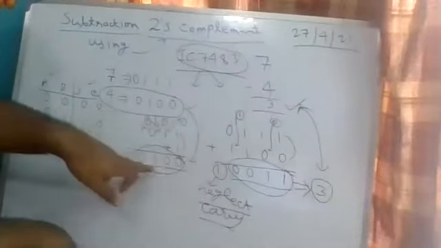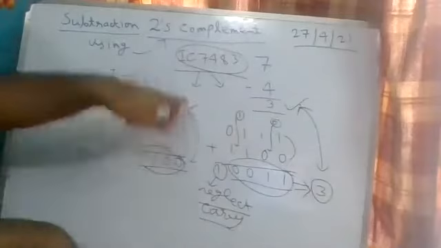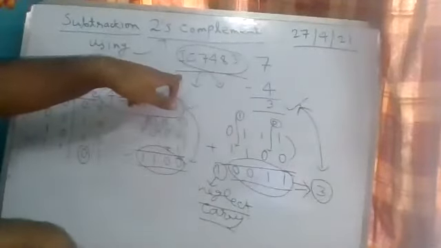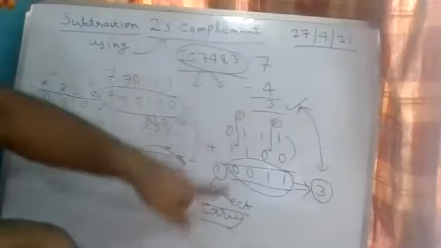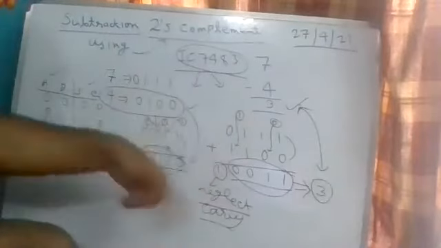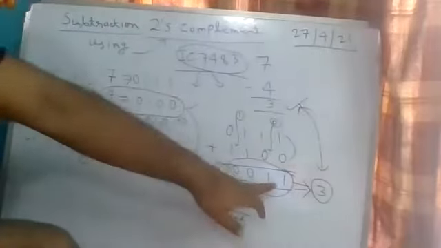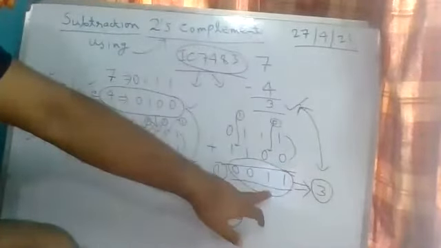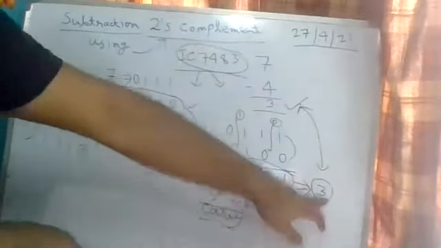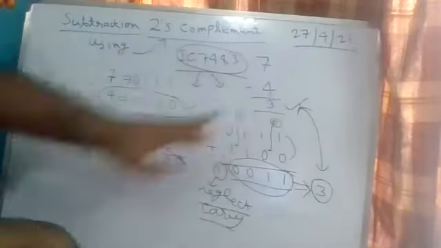Step 3: add the resultant output with the binary representation of the first number. Step 4: regarding the carry, if any carry is generated, we should neglect it and then convert the final binary output into its corresponding decimal number. That will be our binary subtraction.